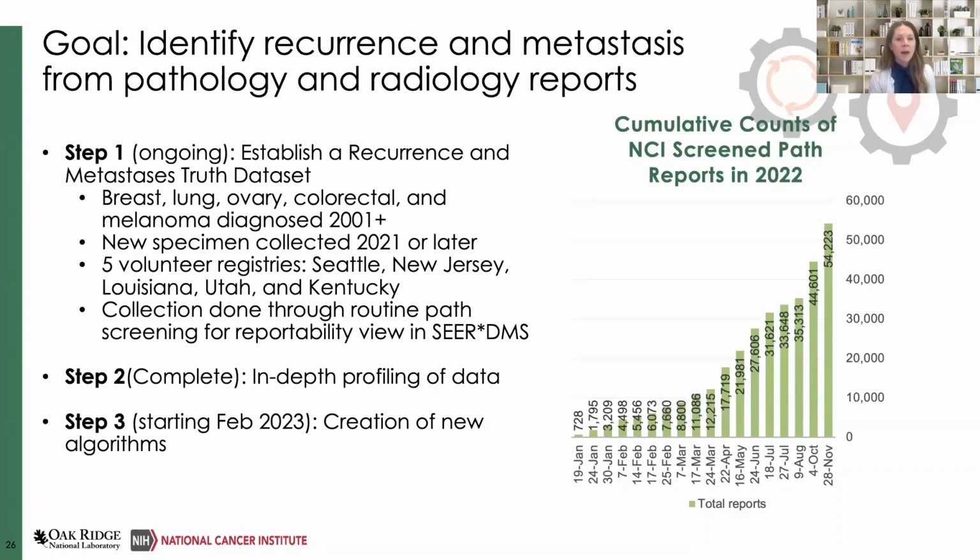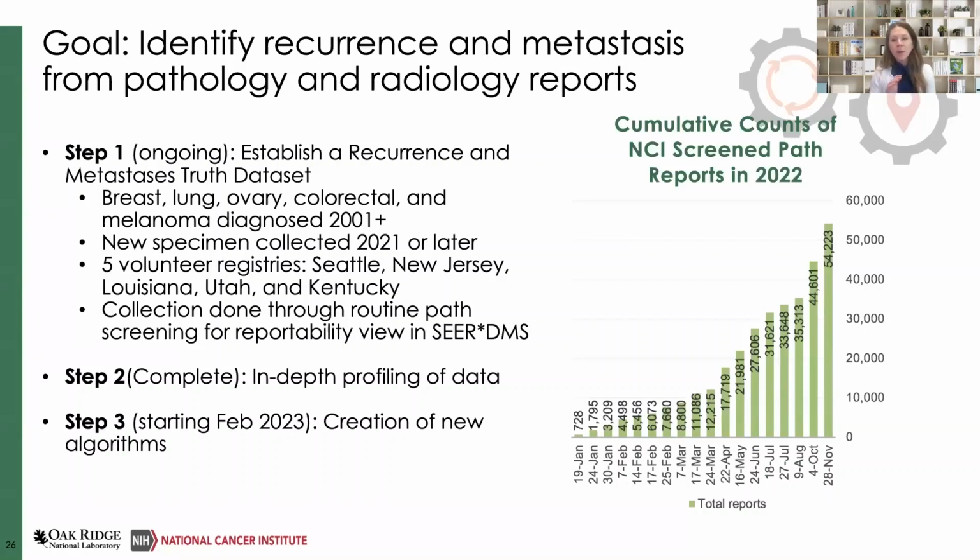New path reports collected from cancers diagnosed from 2001 on. The data collection began in the first of 2021, and that data collection has been ongoing, and we have to date collected over 50,000 reports, which is great for us because these are manually curated data that is available through the SEER registries and allows us to help train our new models on recurrence and metastasis.